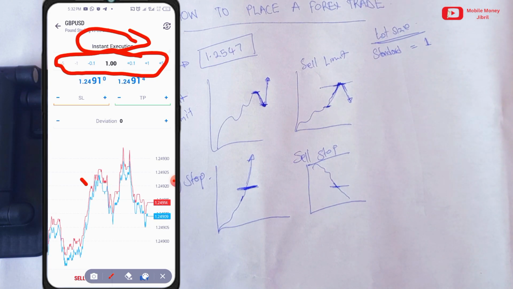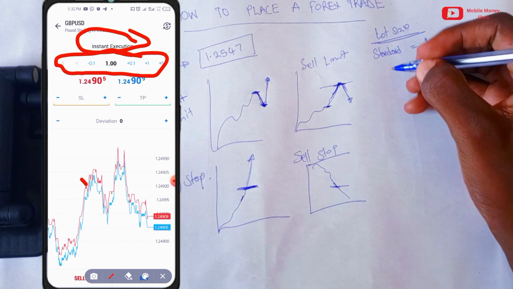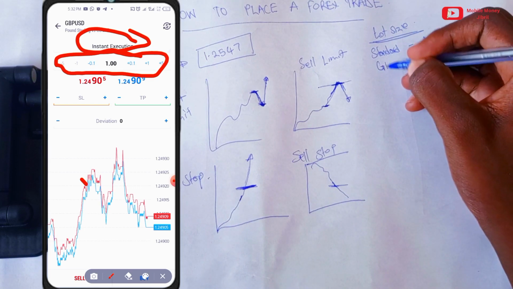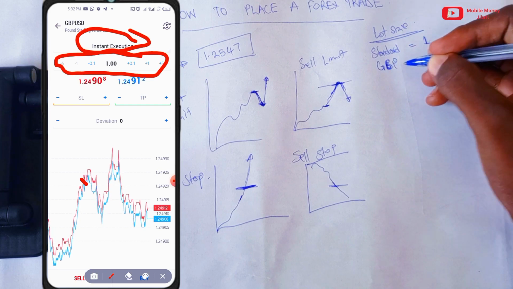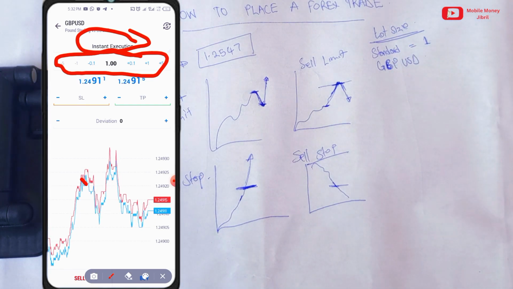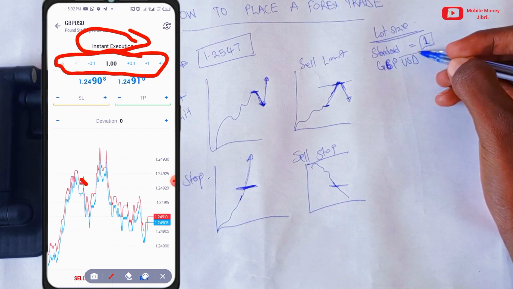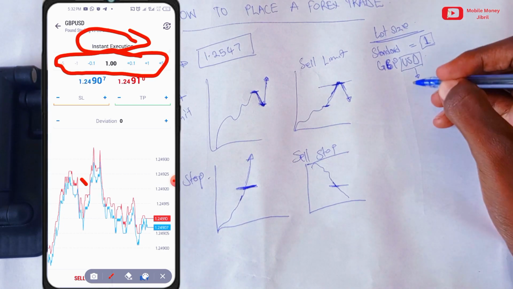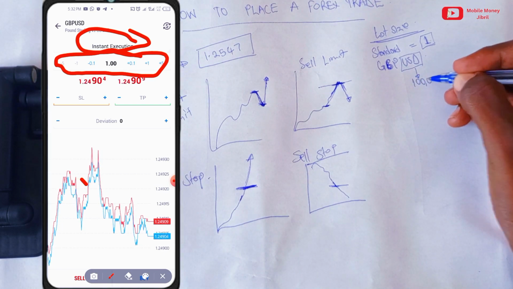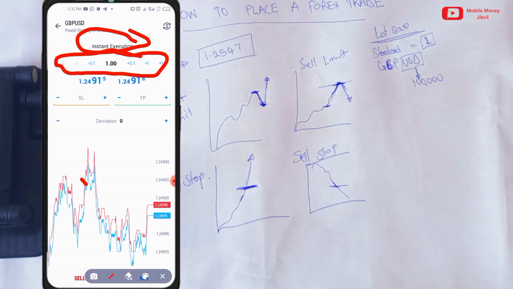It simply means that, for this GBPUSD, if you are going to use one standard lot, you are trading units of the base currency equal to 100,000 of this currency here.